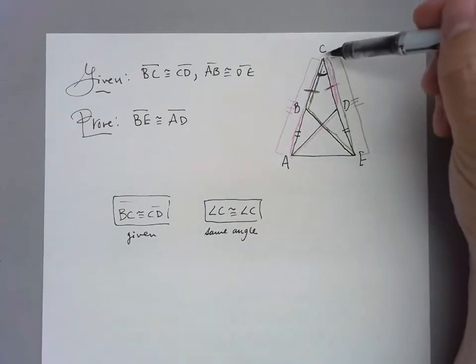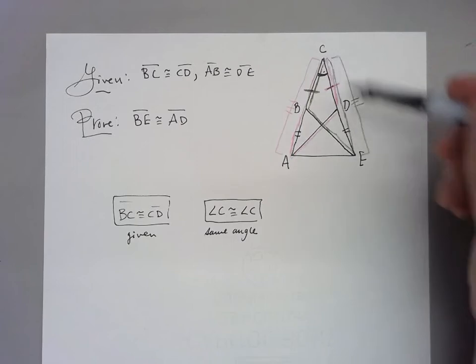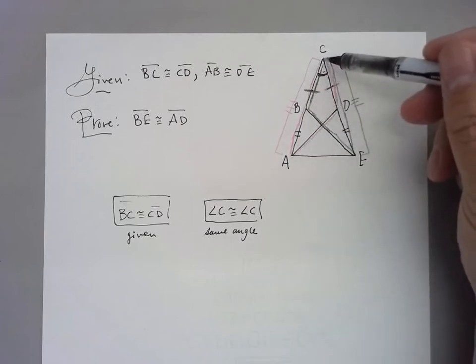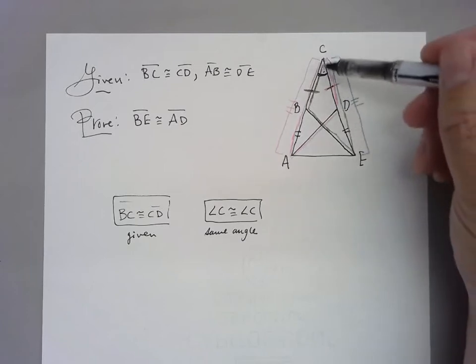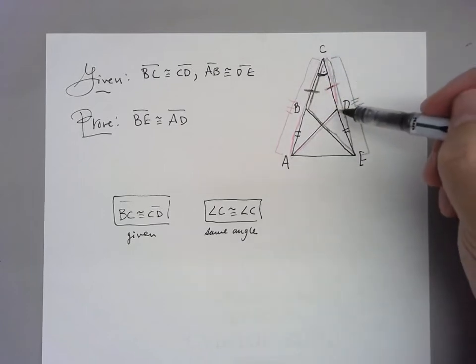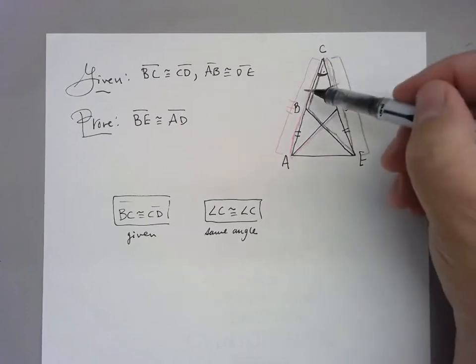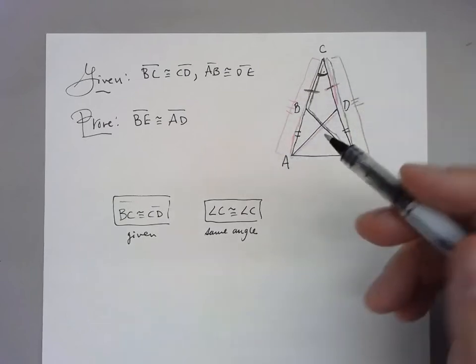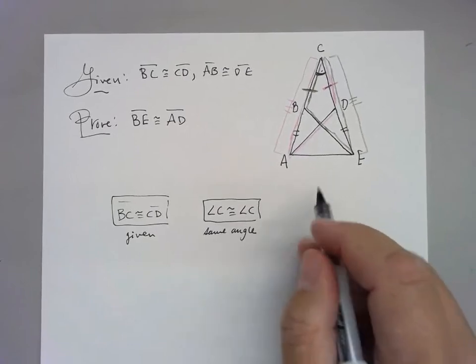And then we have this long third side of each of the two triangles. Look at this. For the green, I have side, angle, side down to here. There's the green triangle. And then in the pink one, I have side, angle, side. So to show that C to E is congruent to C to A, that's the third pair of sides, I have to do an addition argument.